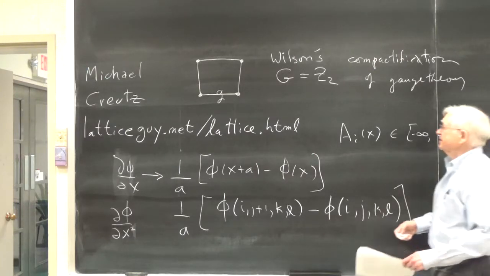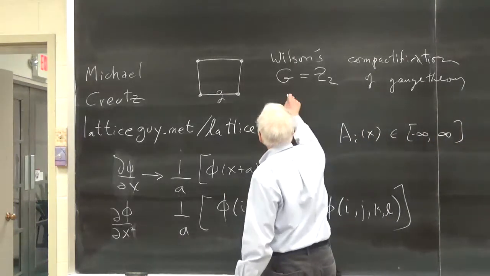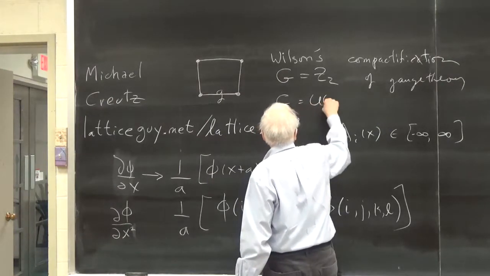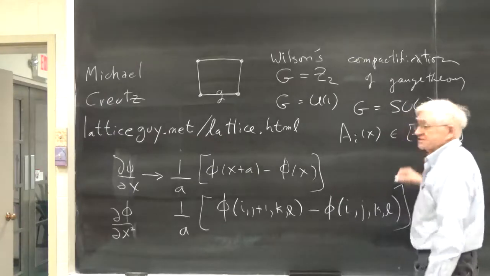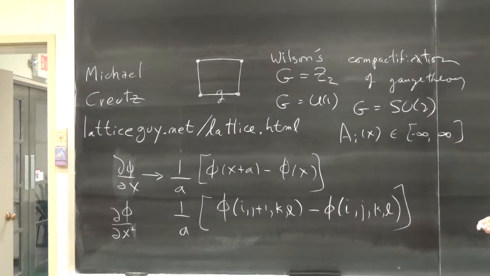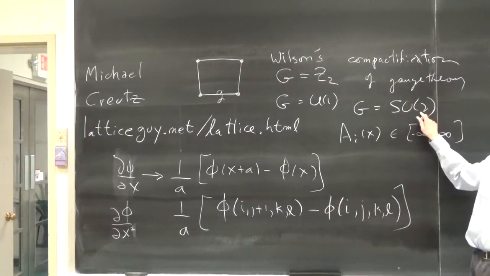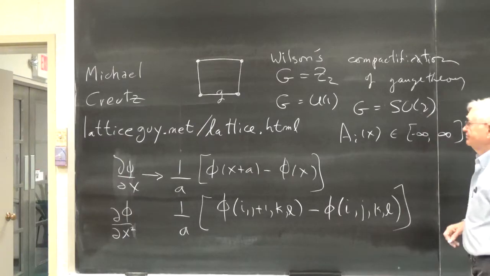So let's think of a group more generally. G can be U1, or G can be SU2 or SU3 and so forth. For quantum chromodynamics, it's SU3, of course.